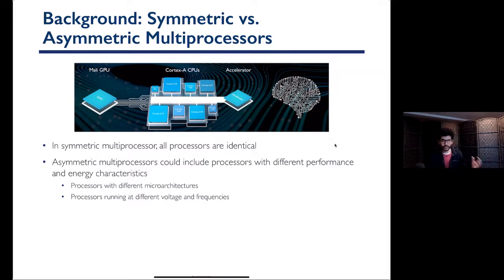There are powerful CPUs in our cell phones, and there are low power CPUs. Powerful CPUs could be used whenever we have an application that requires performance, and low power processors could be used whenever we want to save power, avoid our cell phone getting hot, or let the processor cool down. Now, this creates an asymmetric environment, when you have different types of processors that are good for different tasks. One of them might be good for performance, but not good for power, and the other one might be really good for power, but not that good for performance. Then the question becomes, how do you schedule your applications on these processors?